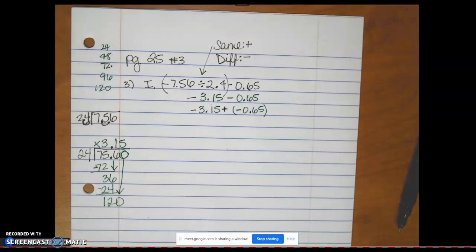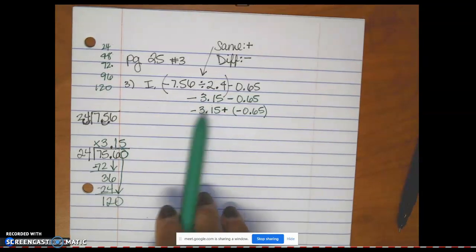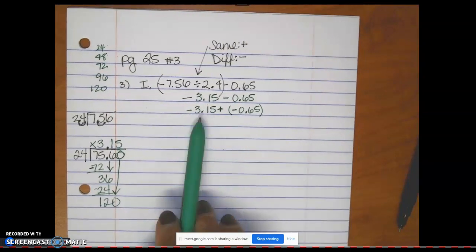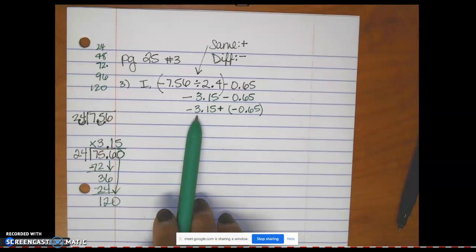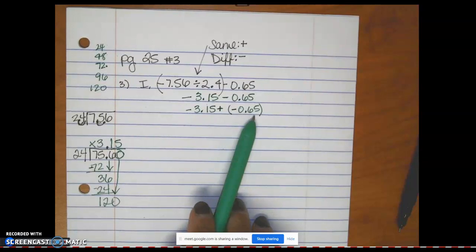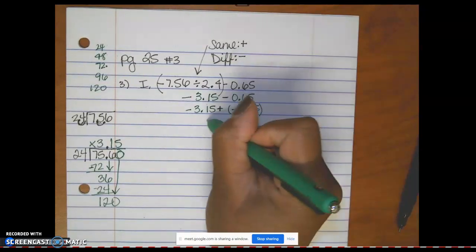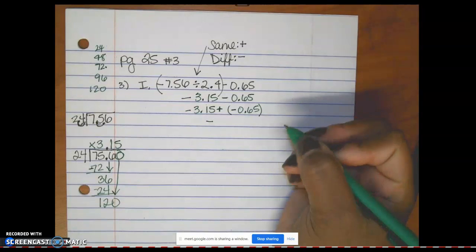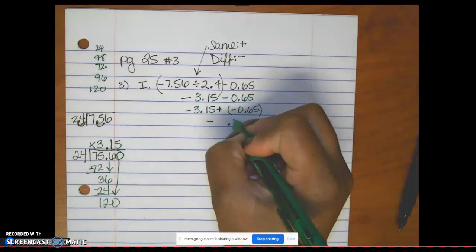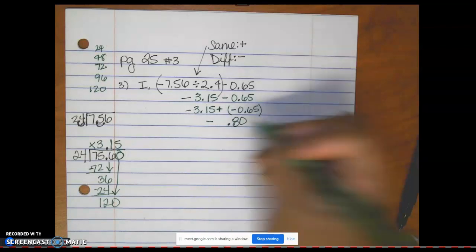If I sing the song, same signs, add and keep, I'm going to add and keep the sign here because this is negative and this is negative. So, how much? 3 and 15/100 plus 65/100. Not 4. I don't need to carry a 1. It's going to be 3.